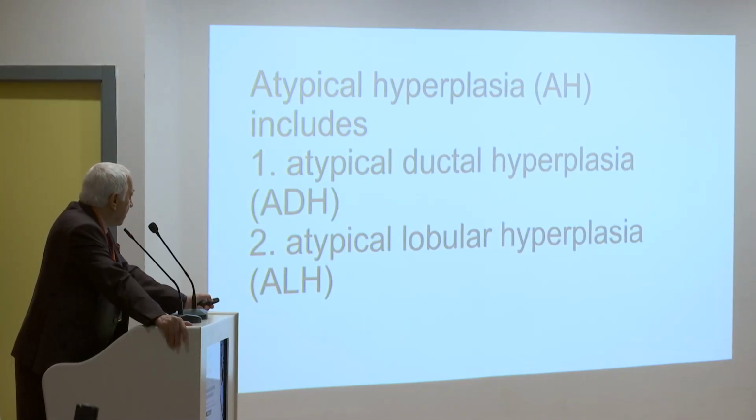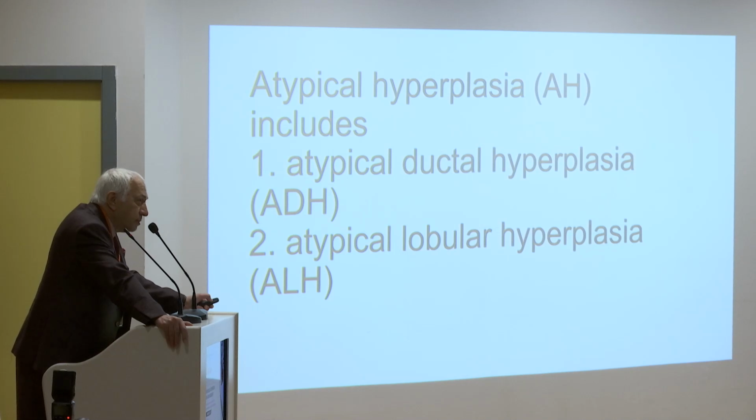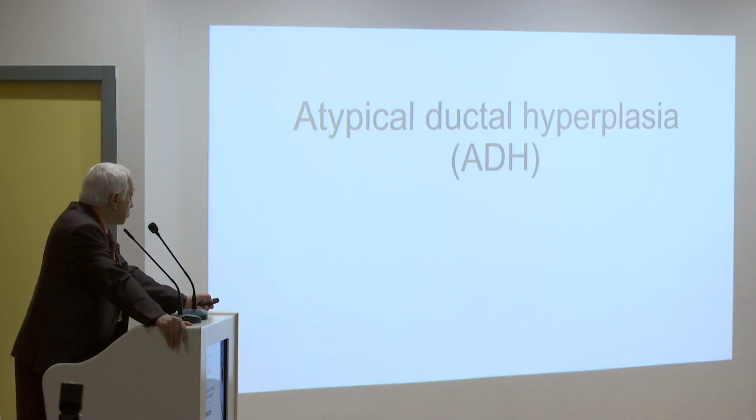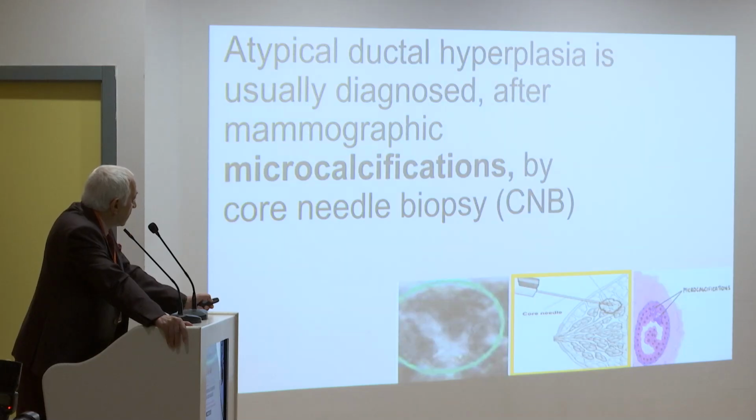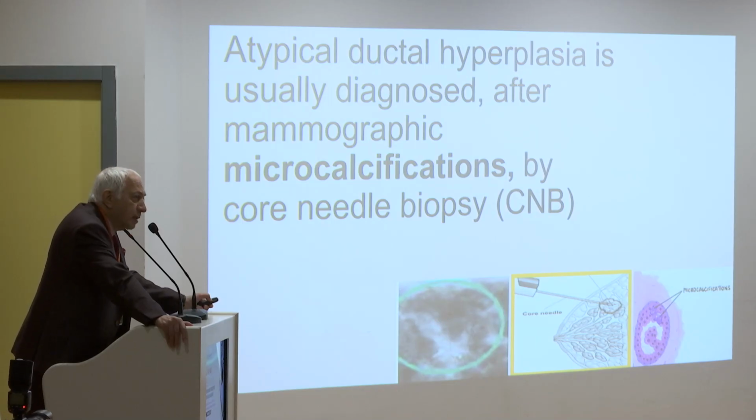Atypical hyperplasia includes atypical ductal hyperplasia and atypical lobular hyperplasia. The first one is more dangerous than the second one. We can diagnose it after mammographic microcalcifications, and of course, as a first step, core needle biopsy.